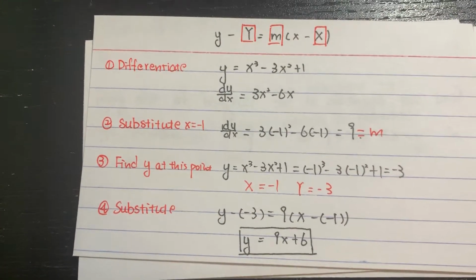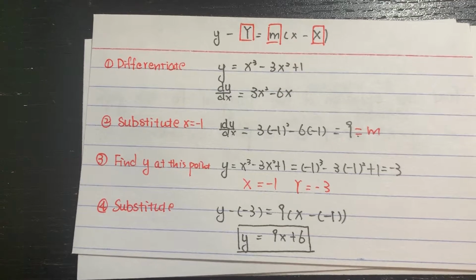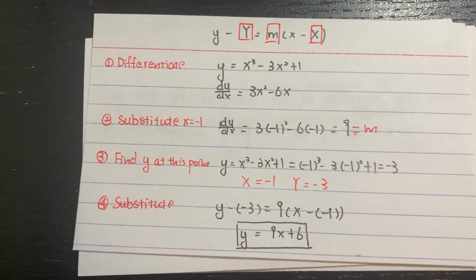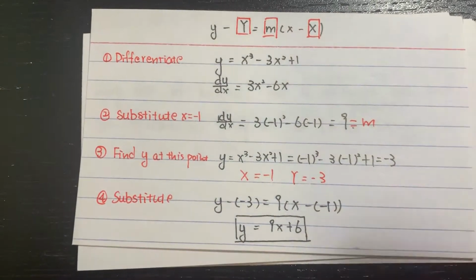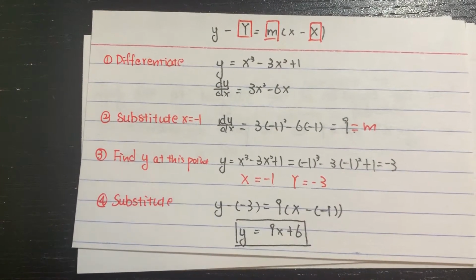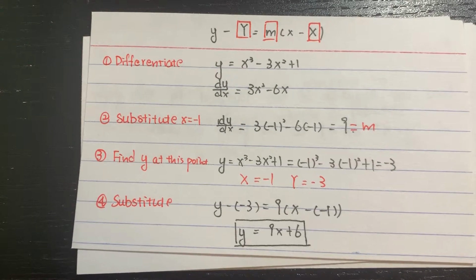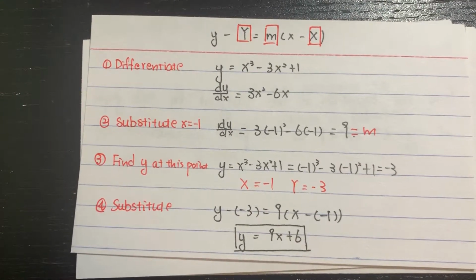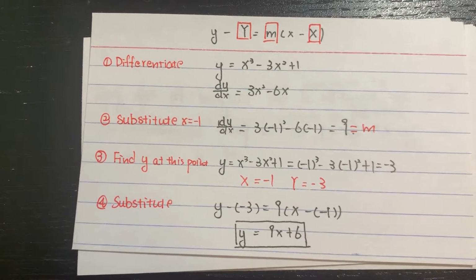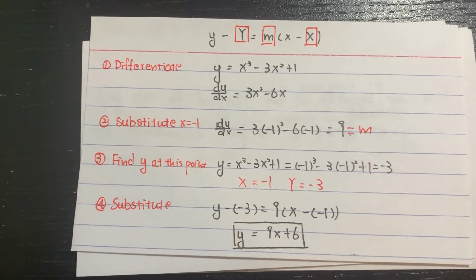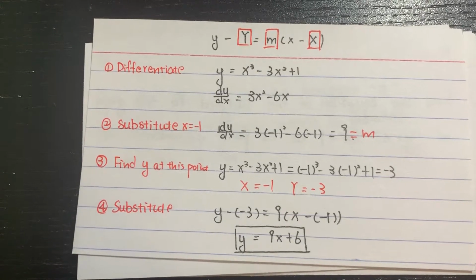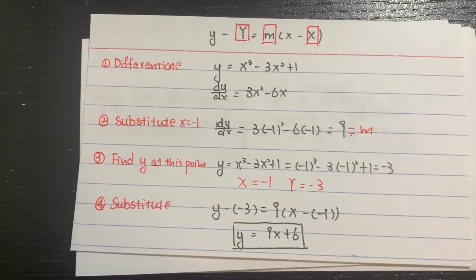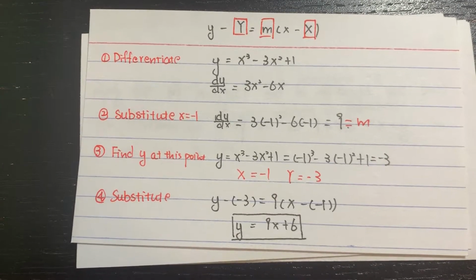And as I stated on the top of this page, the basic formula for the tangent line is the same as a linear equation, y minus Y equals m times (x minus X). So what we have to find is the capital Y, capital X, and m, and the small y and x are just variables. So you find Y at this point using the original equation.